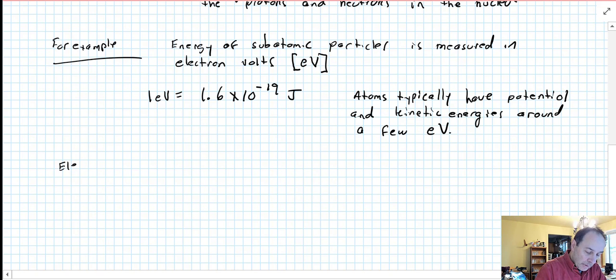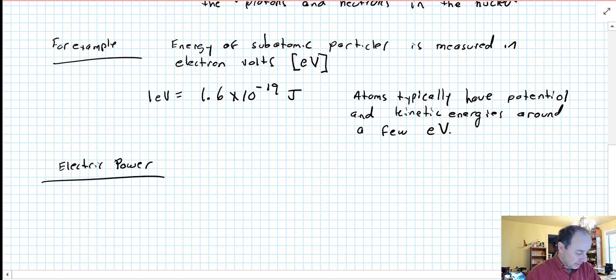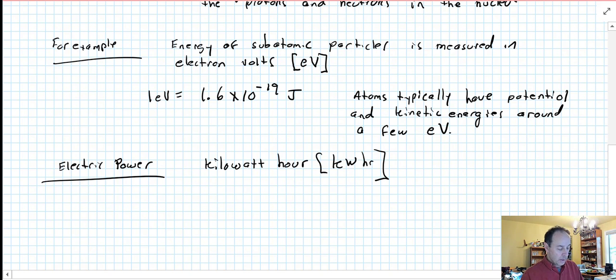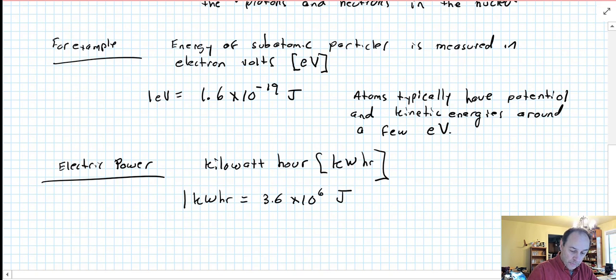Electric power. That is the kilowatt hour. 1 kilowatt hour equals about 3.6 times 10 to the 6th, 3 million joules. Okay, now this is on the order of typical appliances.